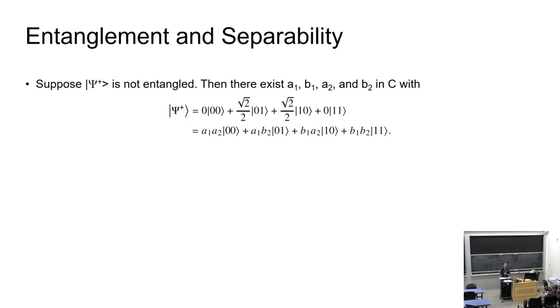This means we cannot write psi plus as the tensor product of two 1-qubit kets, and it is an entangled state. If a 2-qubit quantum state is not entangled, then we can separate it into the tensor product of two 1-qubit states. And for this reason, if a quantum state is not entangled, then it is separated.